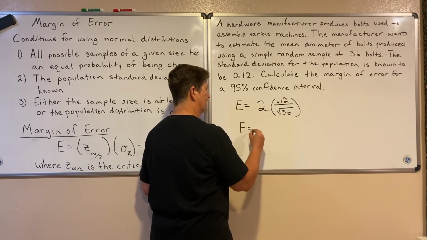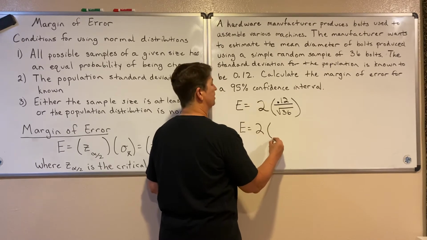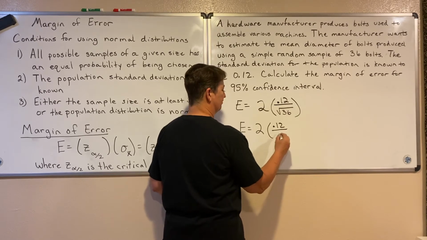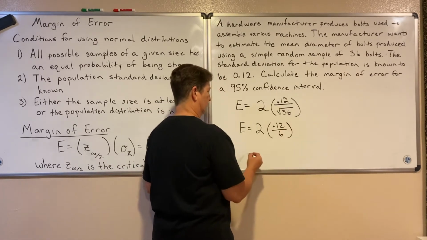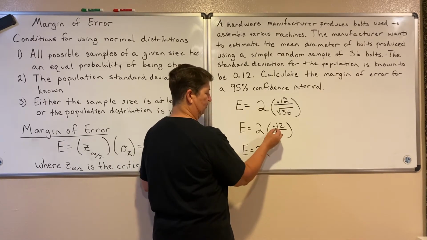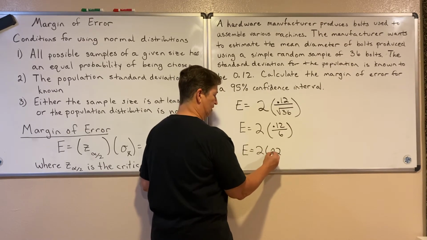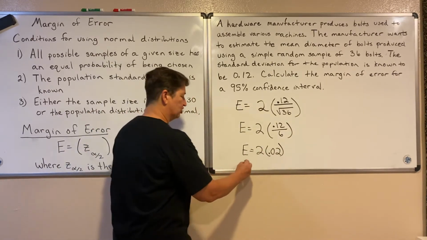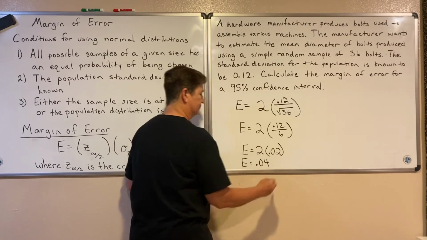My margin of error is the number of standard deviations I'm going out, so 2 of them, times whatever the standard deviation is. So in this case, 12 hundredths divided by 6. Well, then my margin of error is 2 times 12 divided by 6, which is 2, and that 2 is out in the hundredths place. So my margin of error is going to be 4 hundredths.